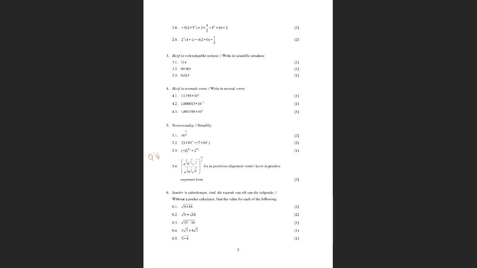B 1 over 6, then C minus 1 over 10. Then the numerator will now become the denominator.